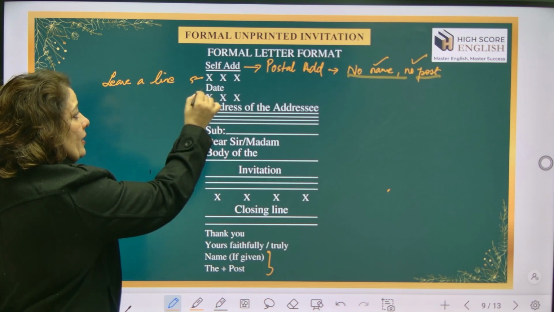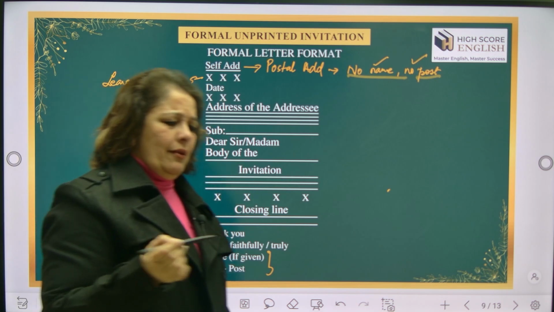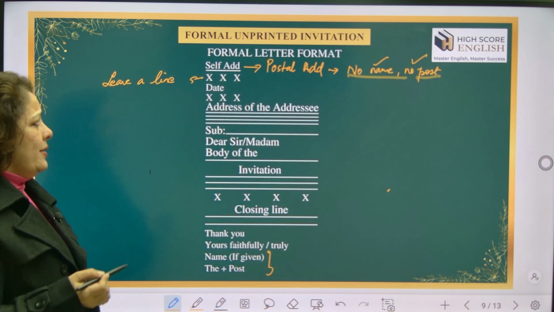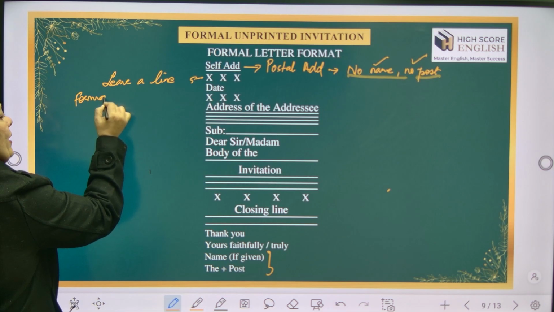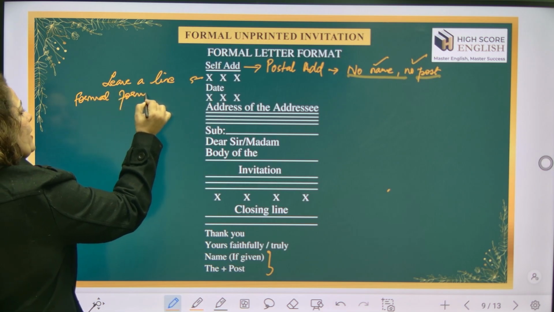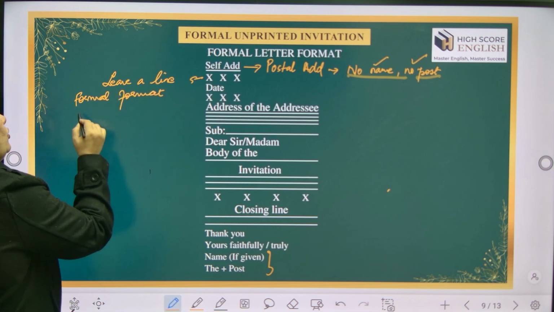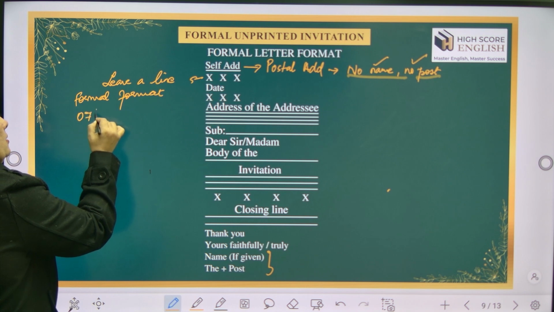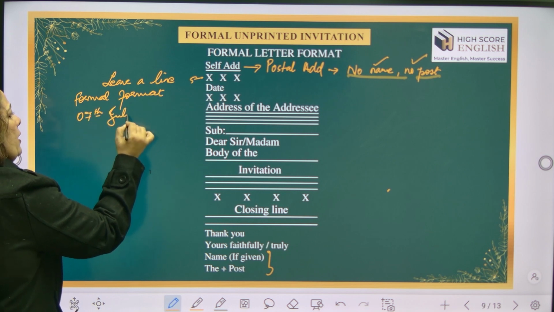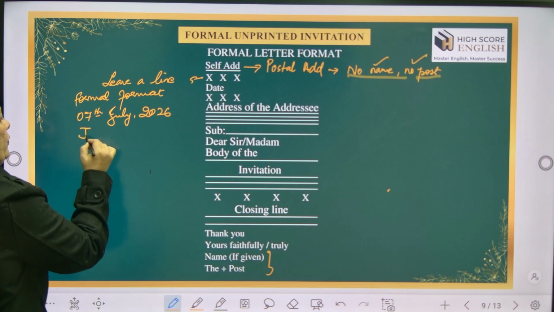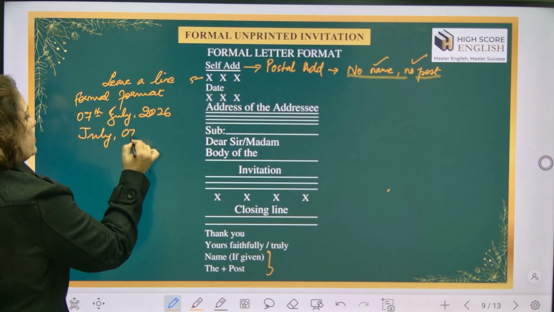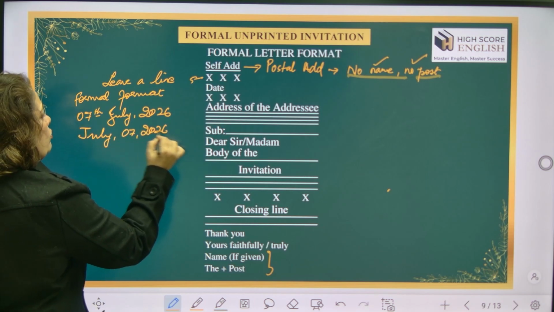Then you're going to write the date. As I told you, I think when we were doing notices, at that time also I told you, you have to write the date in a formal format. What is a formal format? In formal format, you have to write like 7th July 2026 or July 07, 2026.